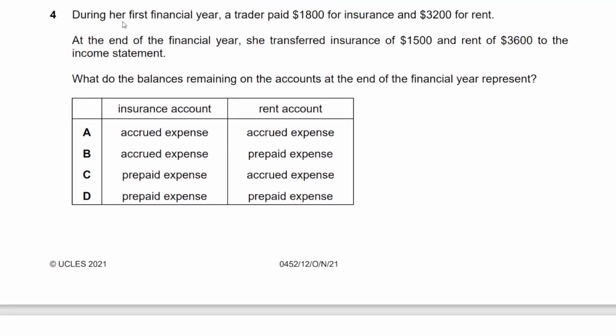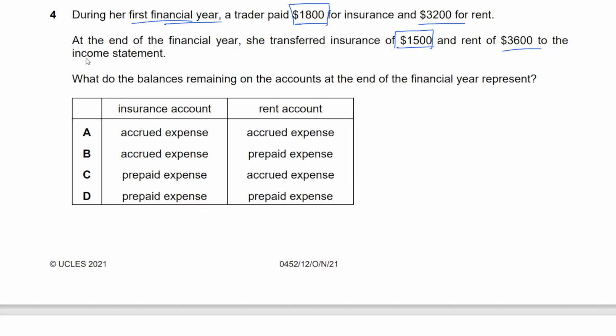Number 4. During her first financial year, a trader paid $1,800 for insurance and $3,200 for rent. These are expenses. At the end of the financial year, she transferred insurance of $1,500 and rent of $3,600 to the income statement because that's what belonged to that particular year. It's the first financial year, by the way. What do the balances remaining on the accounts at the end of the financial year represent? She actually paid $1,800, and only $1,500 was related to that year.